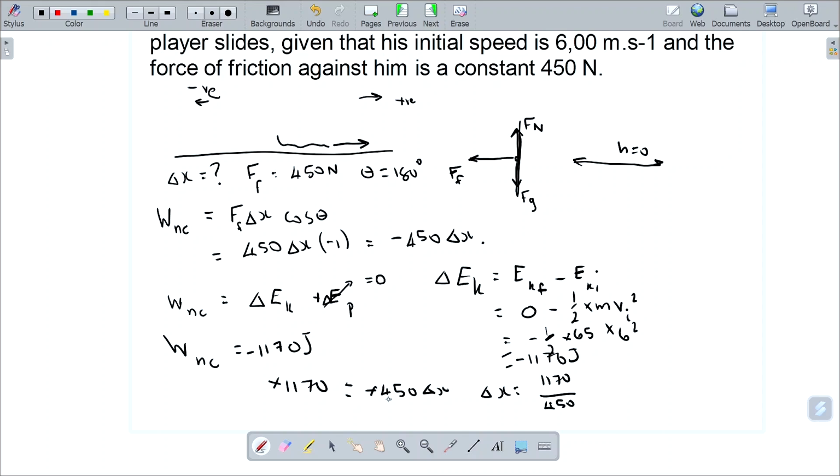To get rid of the 450, we divide by 450 on the right-hand side, and what you do on the one side, you must do on the other side. And what that gives us is a value of 2.60 meters. And so, altogether, the stopping distance that this player will have will be 2.60 meters.